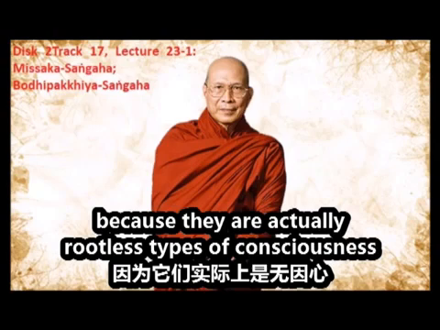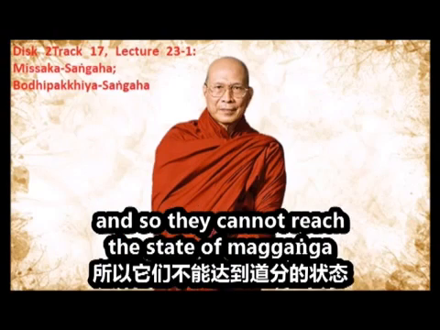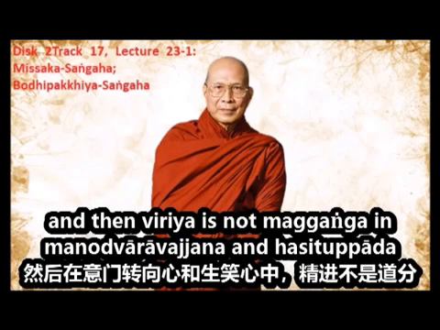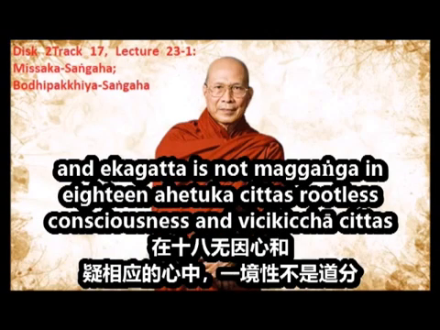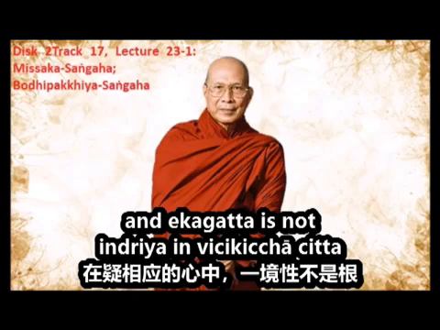Because they are actually rootless types of consciousness, and so they cannot reach the stage of magganga. And then virya is not magganga in manodvaravajjana and hasituppada. And ekagata is not magganga in 18 ahetuka cittas, rootless consciousness, and vicikiccha citta. And ekagata is not indriya in vicikiccha citta.